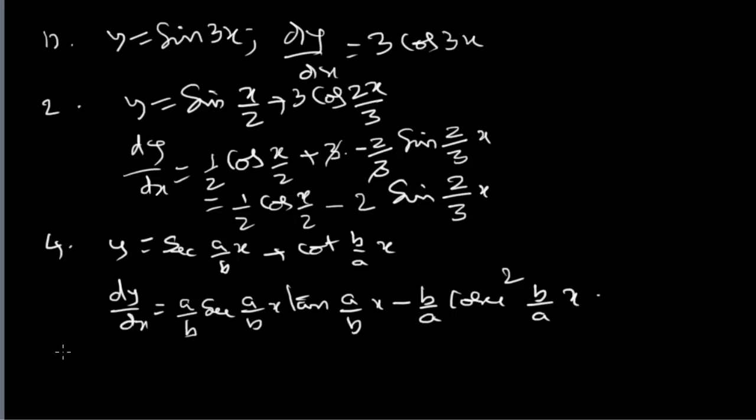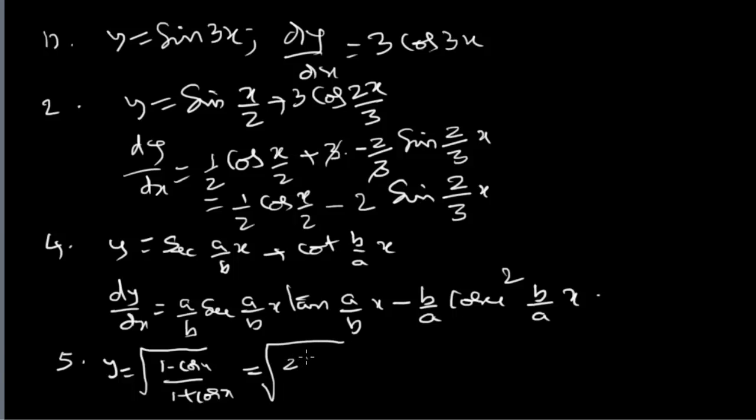Next, fifth problem. To look at, it is very complicated, but there is nothing in this if you know certain things in trigonometry: root of 1 minus cos x by 1 plus cos x. We simplify the problem first by using trigonometry. 1 minus cos x is 2 sin squared x by 2, and 1 plus cos x is 2 cos squared x by 2.